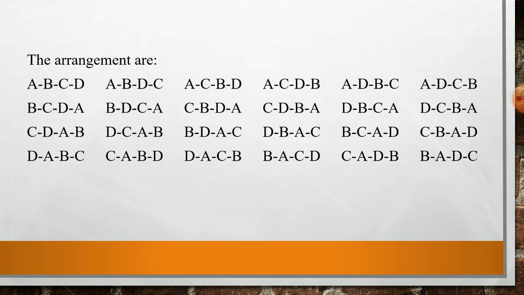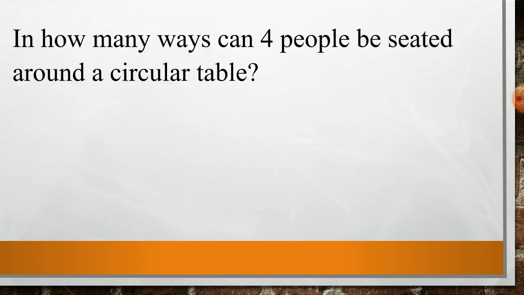The permutation of n objects arranged in a circle is given by the formula P is equal to the quantity n minus 1 factorial. Going back to the problem a while back, in how many ways can 4 people be seated around a circular table? So let us use the formula.